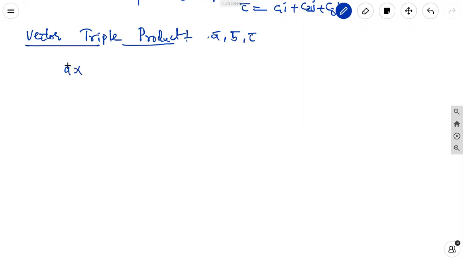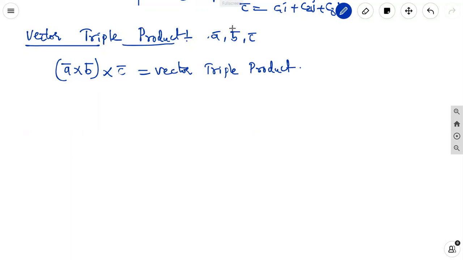How? If we take the cross product between two vectors, we get a vector, and again the cross product with the third vector also gives a vector. So it is called a vector triple product.